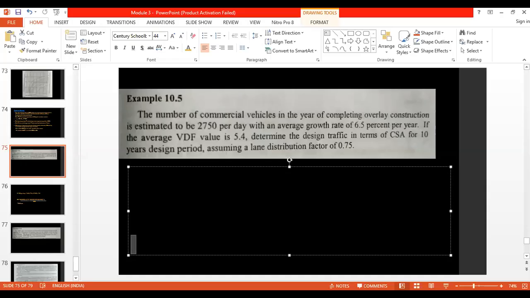What is the DCM value? DCM will be on the x-axis. The DCM value is equal to 2.2.